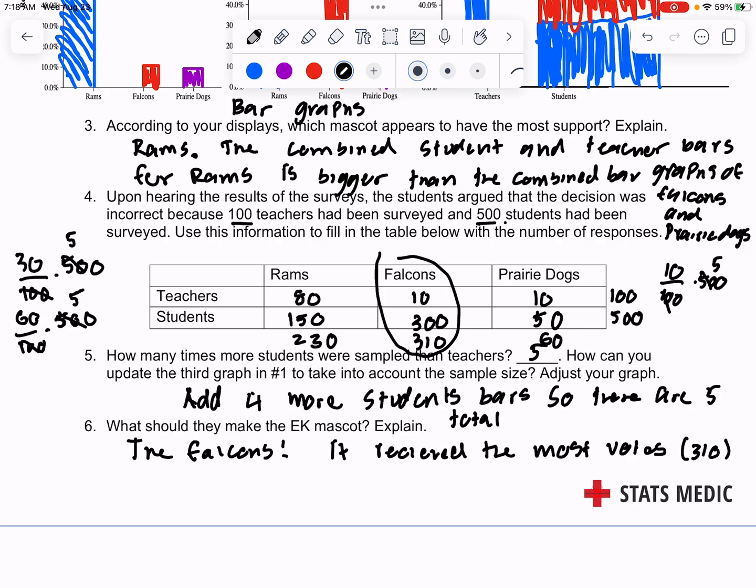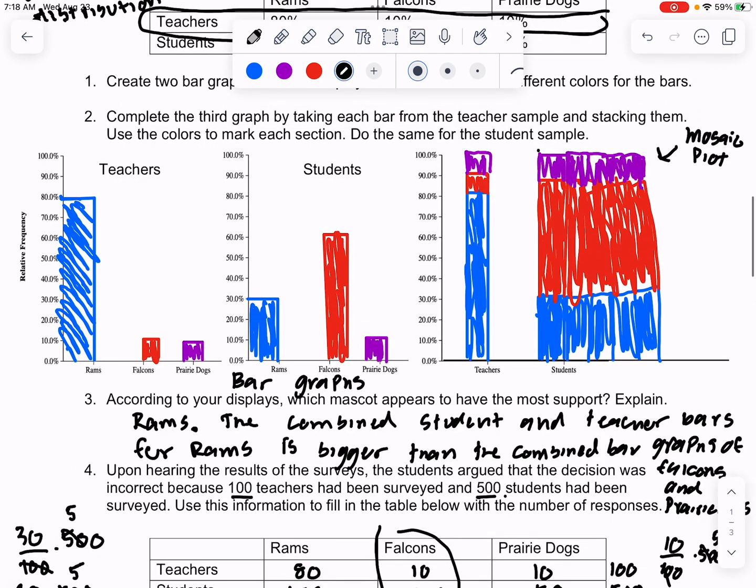Okay. Another way of saying that is the area of the mosaic plot for Falcons is the largest, right? So since the area is the largest and mosaic plots represent the sample size, you could look just visually that students was a bigger sample than teachers. And now if you combined all of the bars, the red bars would be the highest.